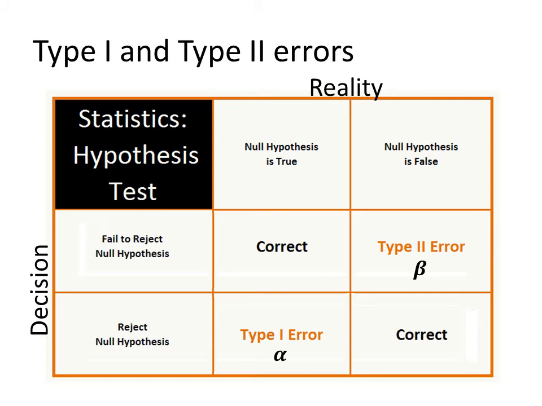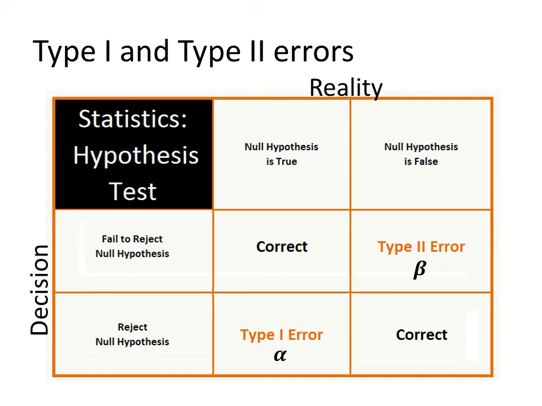These errors, or actually all the results of a hypothesis test, can be summarized in this table. Along the top here is what we have in reality. In other words, this is what's actually true. On the left-hand side here is what we got from our test. That is what our decision was, either to reject or fail to reject based on our sample.